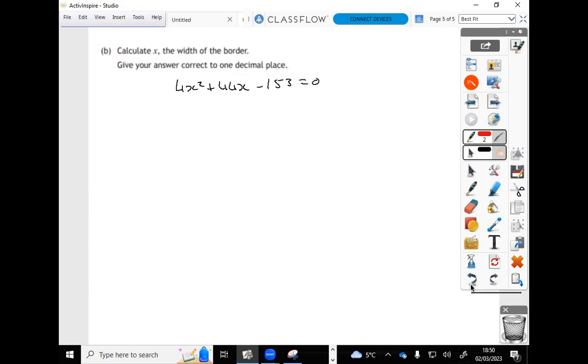But also imagine trying to do that: adding 2 numbers together to make 44, and multiplying 2 numbers together to make minus 612. It'd be impossible. You can give it a go, but you'd be crazy.